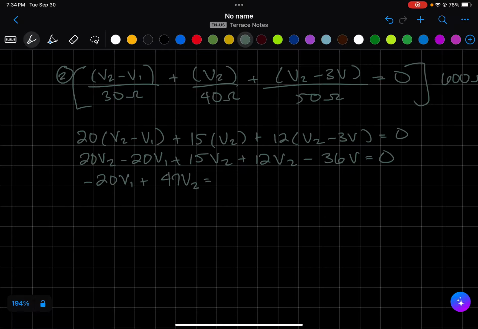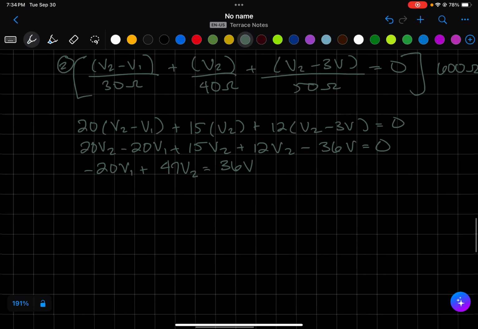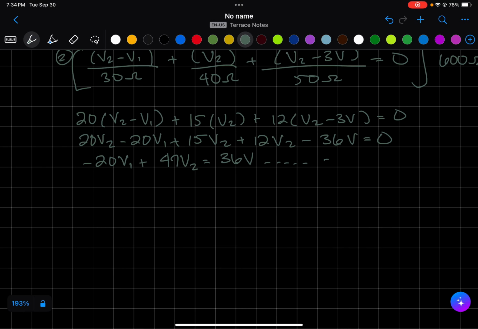And then our constant is 36. So we move that to the other side by adding 36 to both sides. Alright, so that's our second equation.